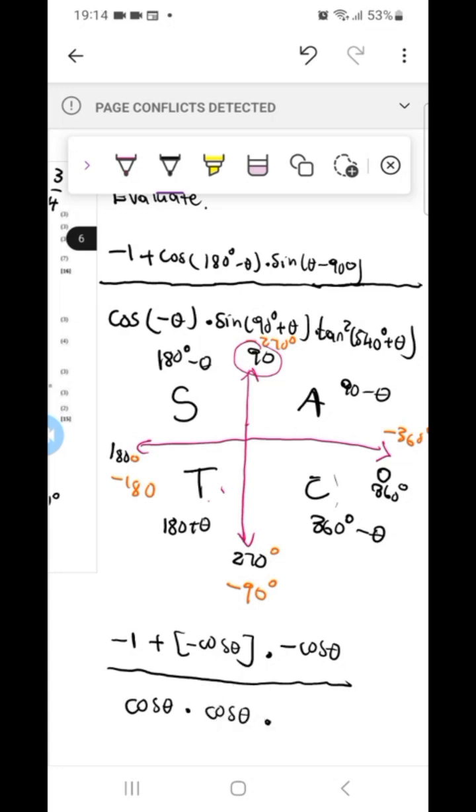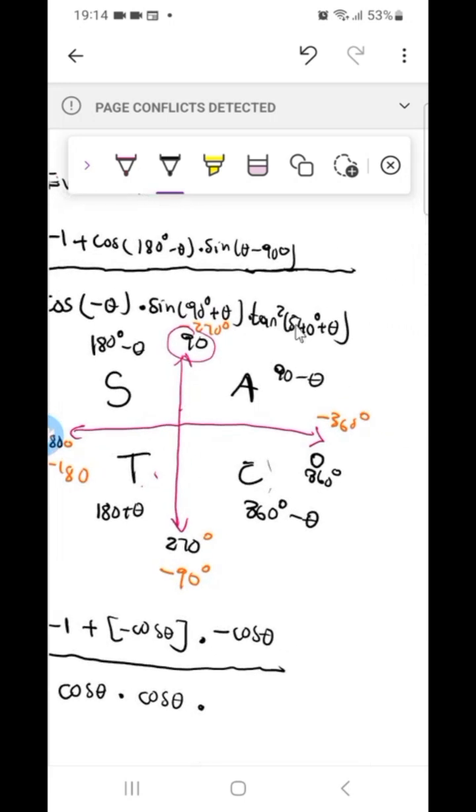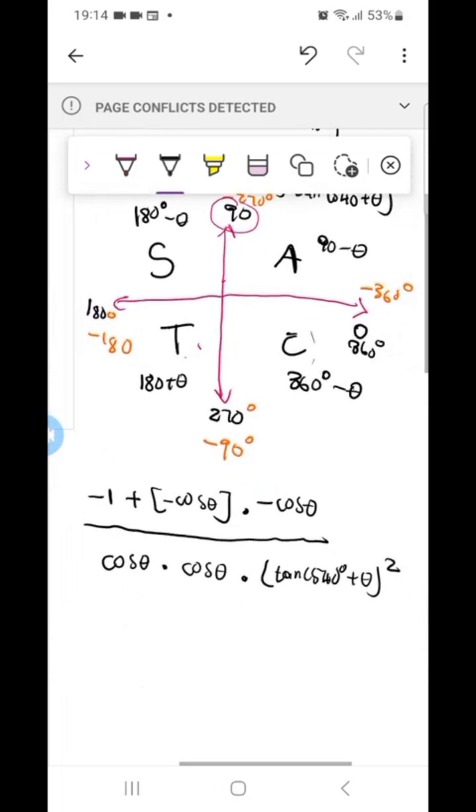And then we multiply by tan squared of 540 degrees plus theta. To make your simplification, you can just write it as tan of 540 degrees plus theta, and then we'll deal with it later. So you square it, because remember, it's squared. So now let's solve this.